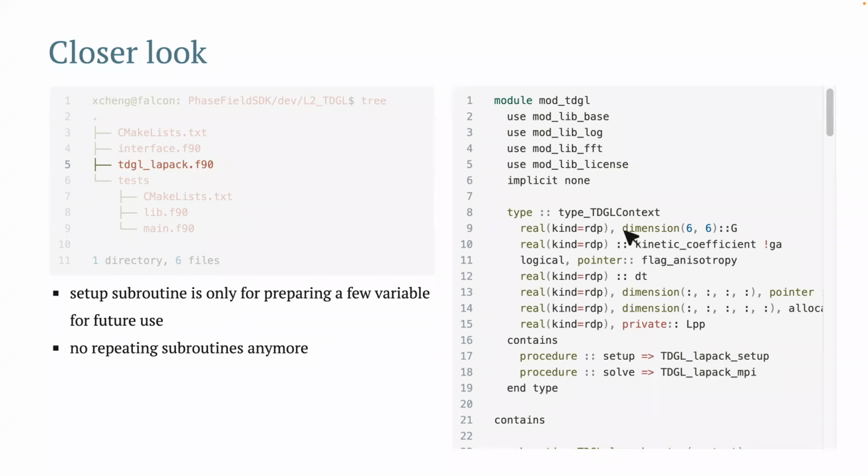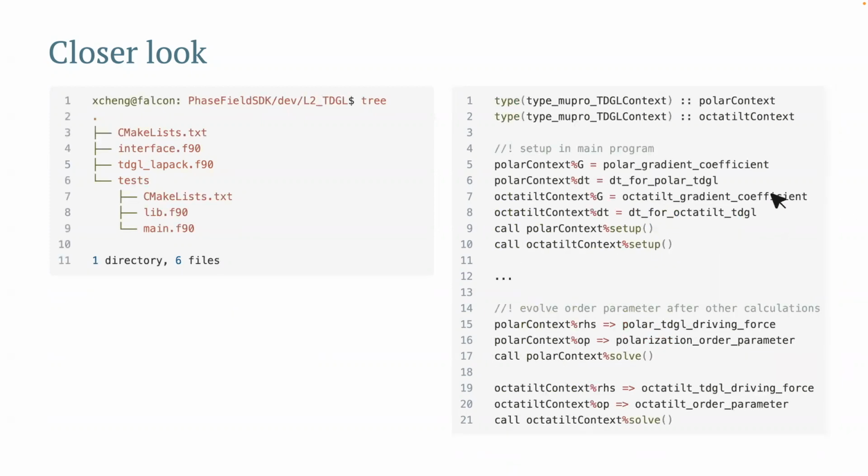And then in the solver part, you don't need to copy-paste this solver for different order parameters. You can have just one for all of them. Okay, so this is the look of it, and just how we use it. Using it is very simple.